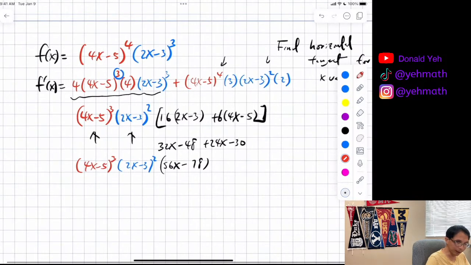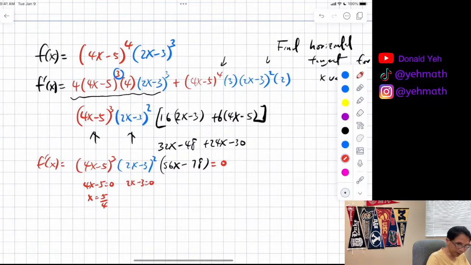And since I'm finding the horizontal tangent, that means this is equal to 0. That means I can say 4x minus 5 equals 0, x equals 5 over 4; 2x minus 3 equals 0, x equals 3 over 2; 56x minus 78 equals 0, x equals 78 over 56.